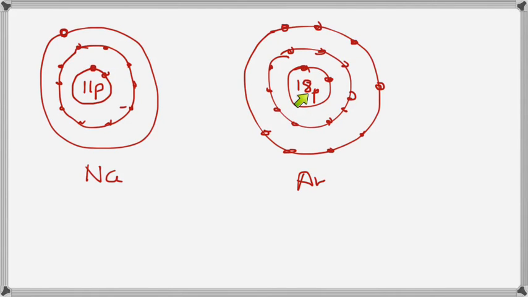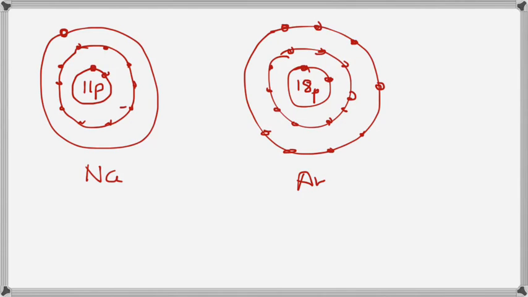Here, the electrons are being pulled by 18 protons, which is a stronger attraction. If you were offered 2 jobs and one paid you $11 an hour and one paid you $18 an hour, which one would you be more attracted to? $18 an hour. The attraction between these negative electrons and the positive protons is greater here. Greater attraction, those electrons get pulled in.